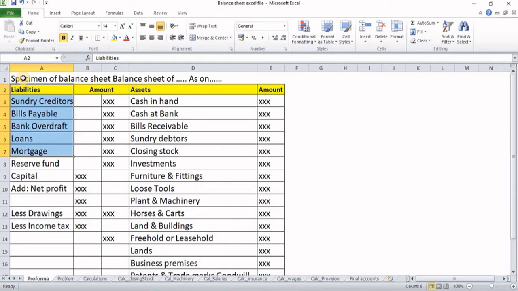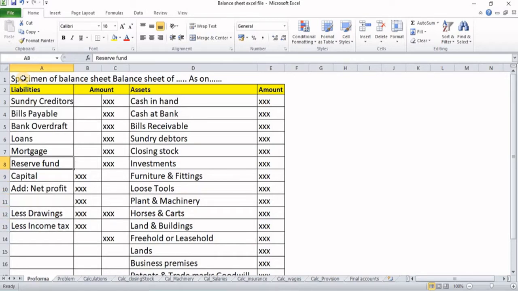Apart from all kinds of loans, we also mention owner's capital, owner's personal expenses, that is nothing but drawings, and net profit, income tax and reserve fund on the liabilities side.